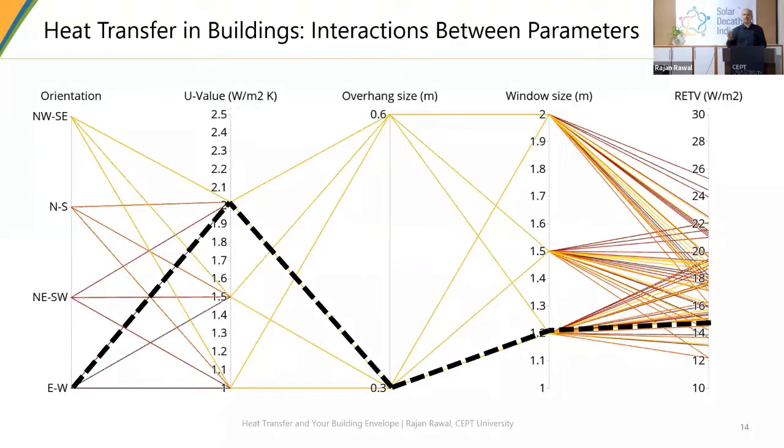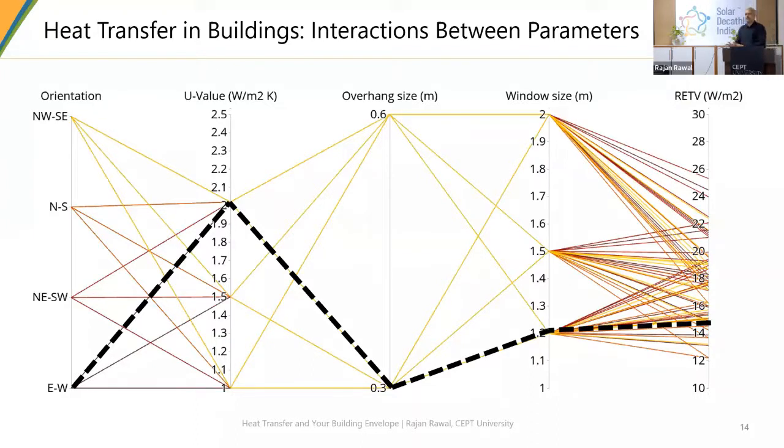In one case, you have a 0.3 horizontal overhang. In the second case, you have 0.6 overhang. Then you have about another 10 or so cases where the size of the window was varying from 1 to 2 or something like that. And then finally, you have a few cases for the RETV. Each line makes one case and it was simulated.